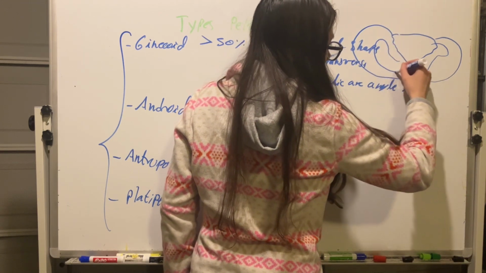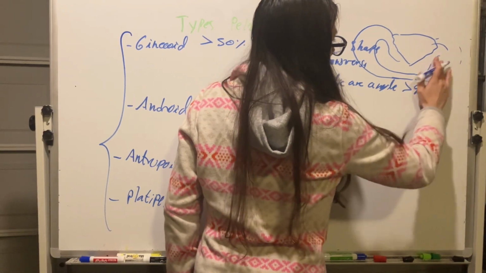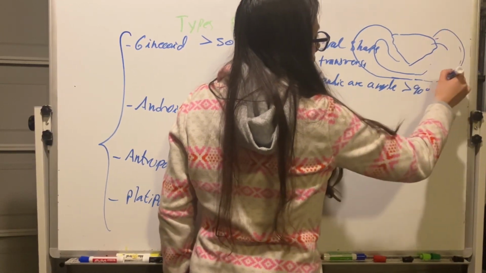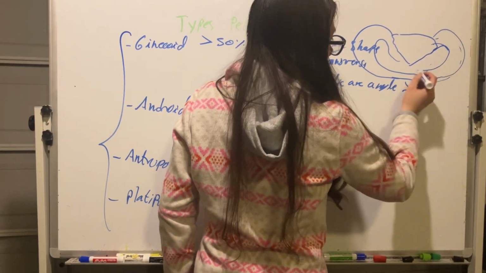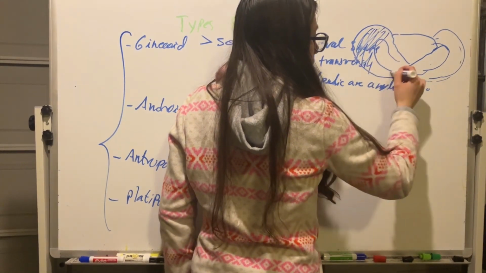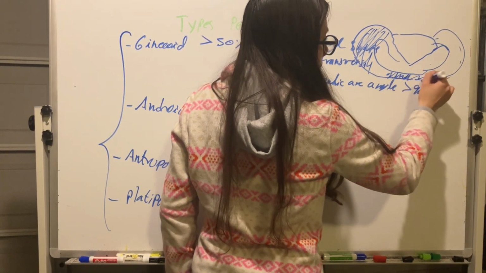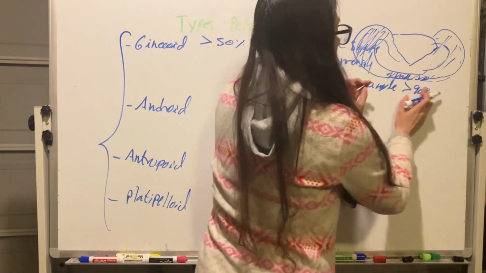something like this, something like this. So this is the iliac bone. Here we have the pubis, iliac bone. So this is an oval shape.